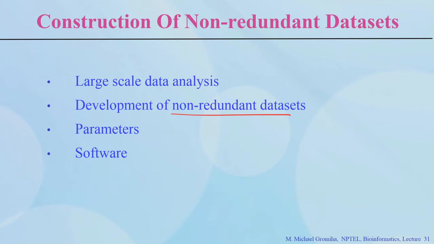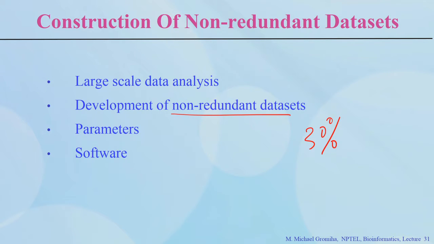In order to avoid the bias, we need to take unique sets. You can make any cutoff, for example 30%. If two sequences share an identity of more than 30%, you have to keep one and discard the other. So, we need to derive non-redundant datasets for reducing redundancy.